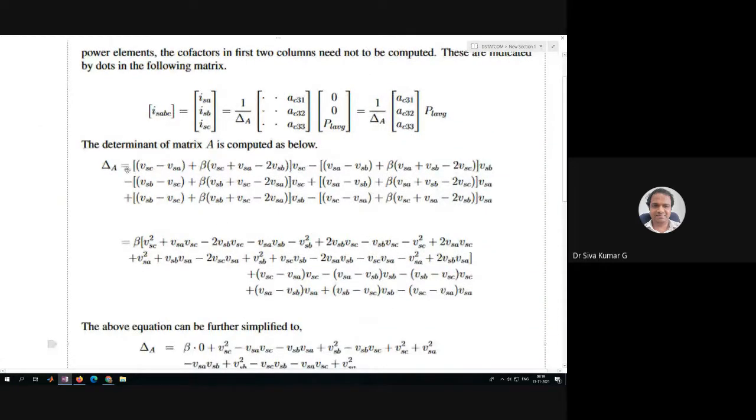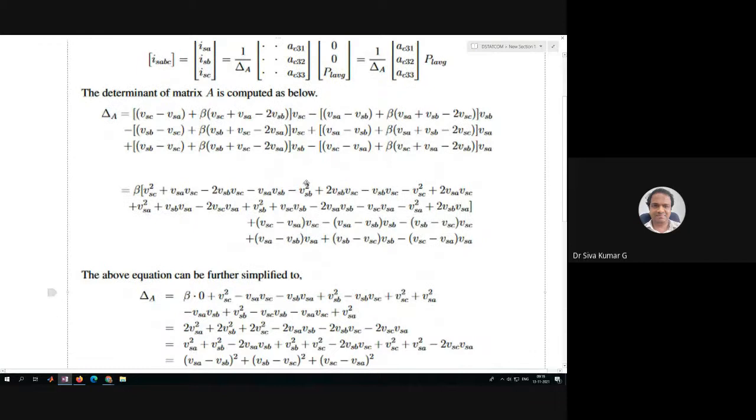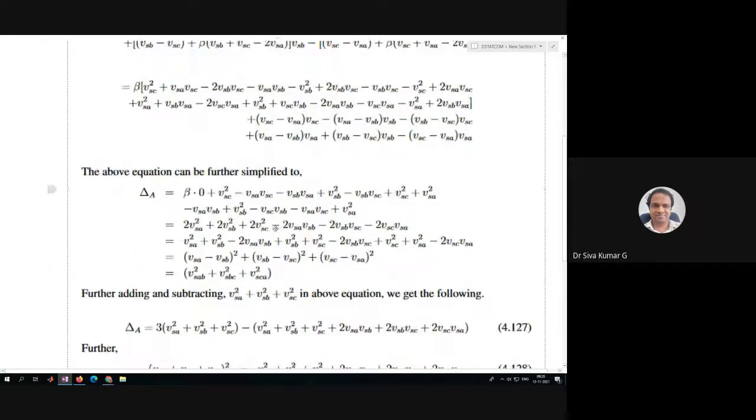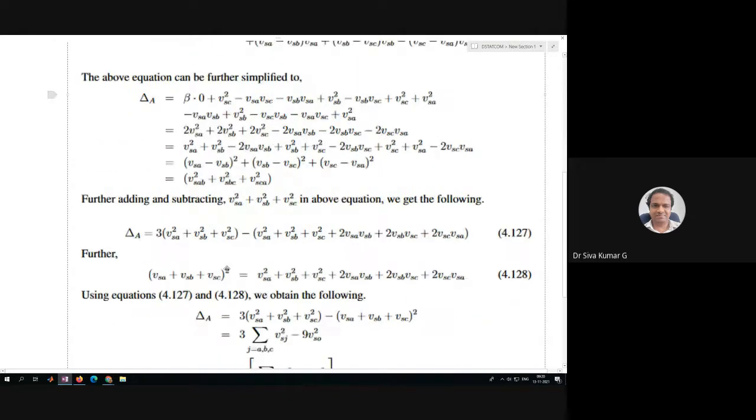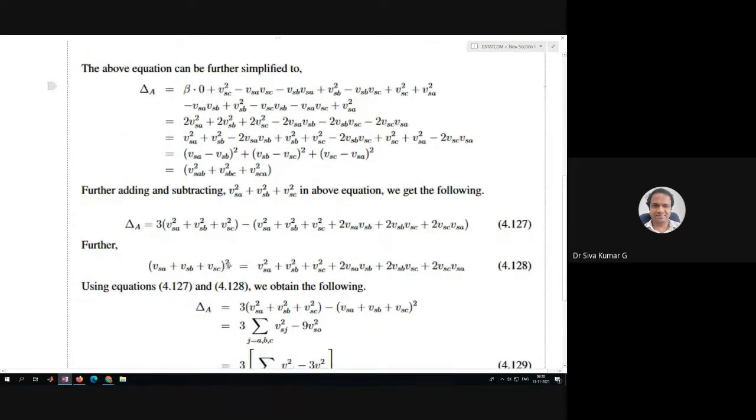We get this equation of delta A, and then the determinant equation, and finally we get this. Actually here there is a mistake. This equation is not complete.